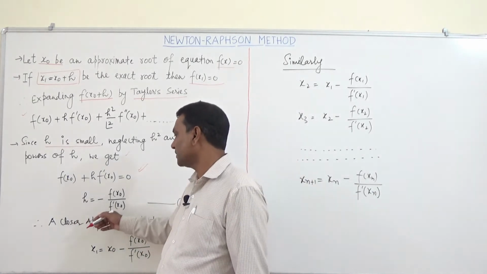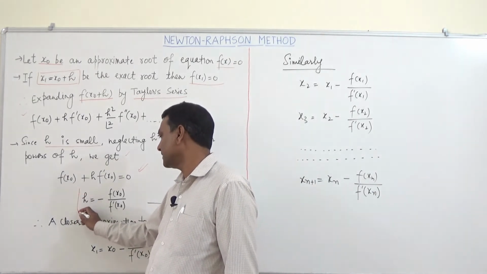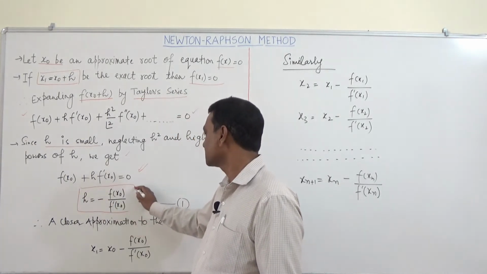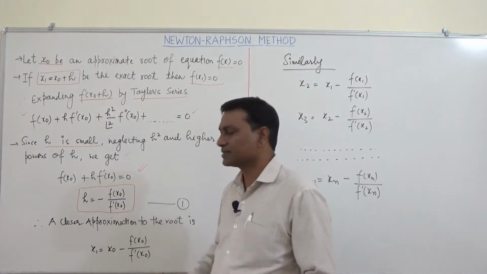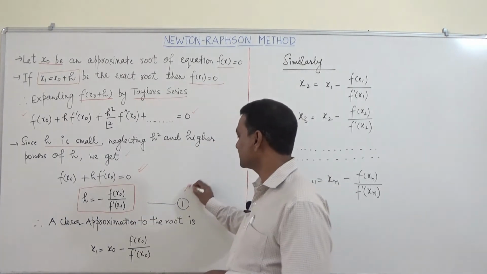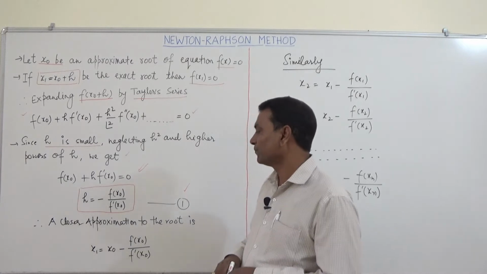So h comes out to be equal to minus f(x0) divided by f'(x0). Let us say this is equation number 1.